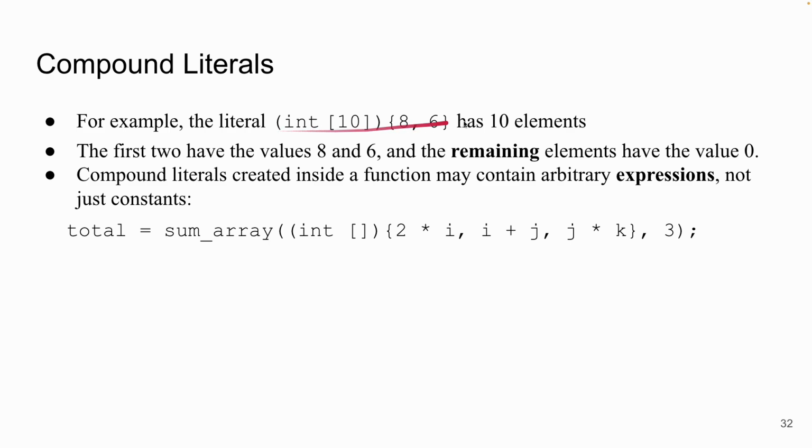This is the same as any 1D array that has 10 elements, but only the first 2 elements have an initialized value, and the remaining 8 elements will have the value 0. And this is another use of a compound literal here.